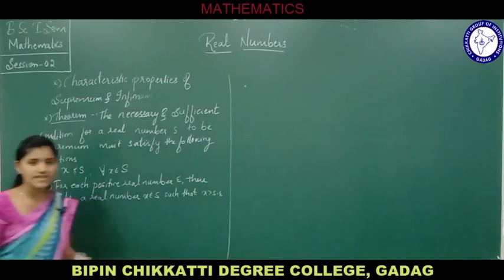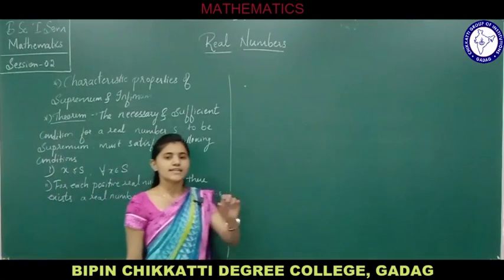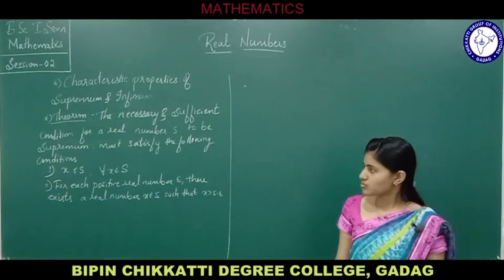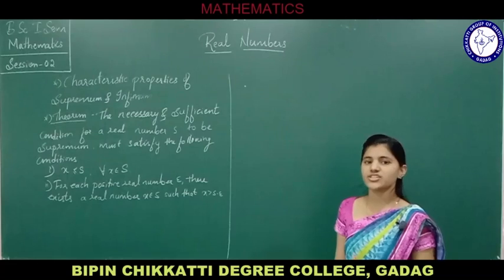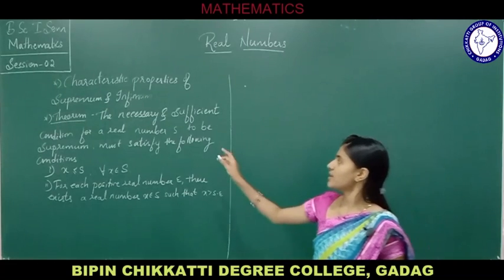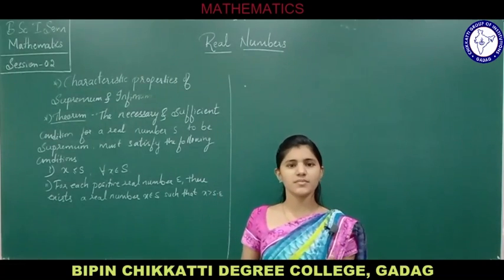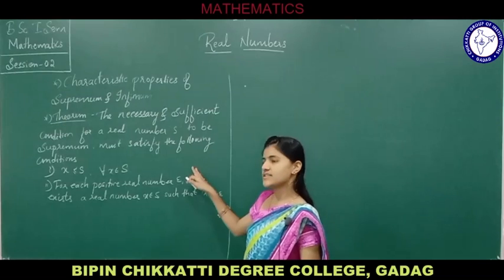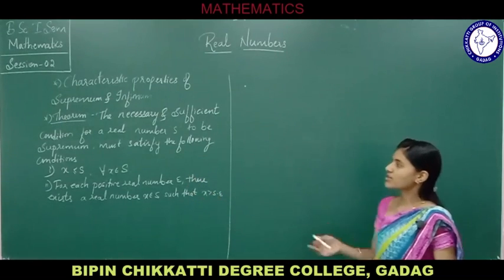See, what is the theorem actually giving? It gives the necessary and sufficient condition. There are two conditions, one necessary and the other sufficient, for a real number S to be the supremum. Any real number S to be the supremum should satisfy these two conditions.